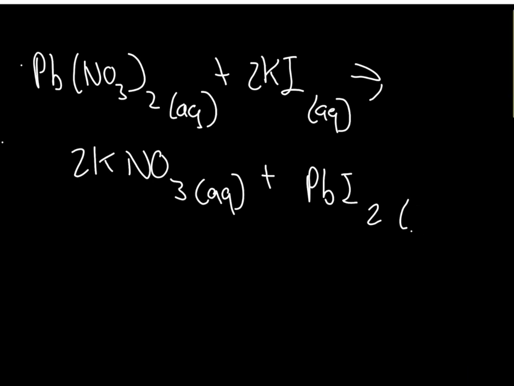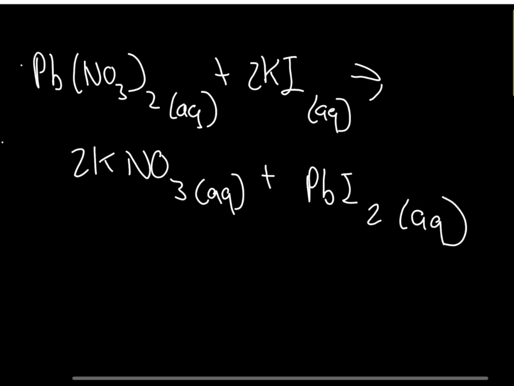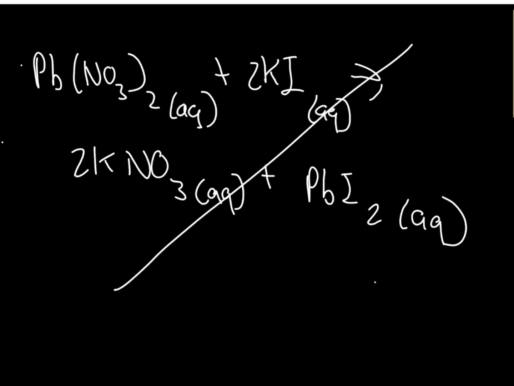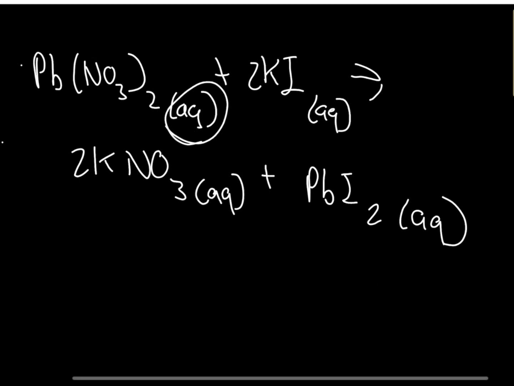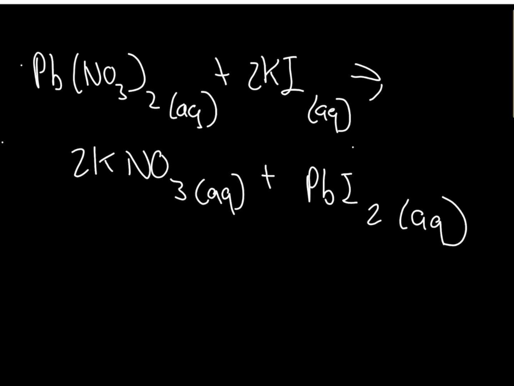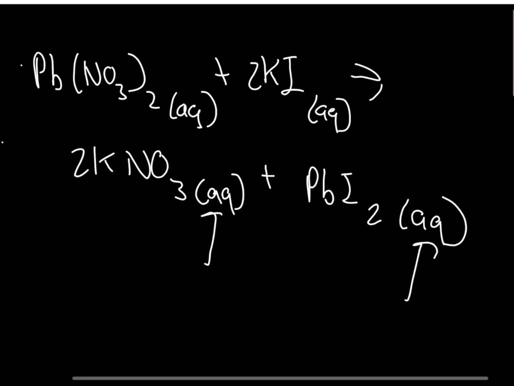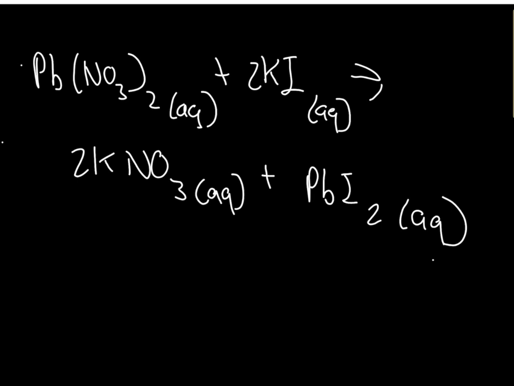But if this were aqueous, this reaction would not occur, okay? So when you combine these two aqueous compounds in this double replacement reaction, if you end up getting two aqueous as the result, there is no reaction, okay? Just take note of that.